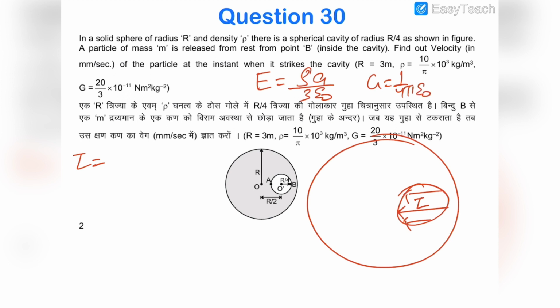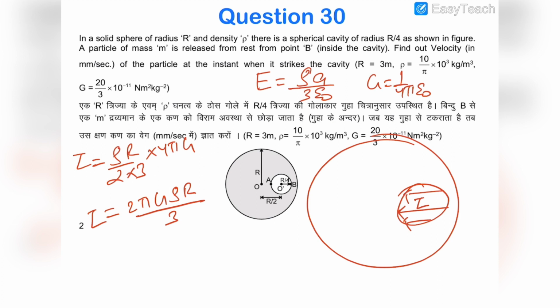So epsilon naught can be replaced by G. The distance between the centers is r by 2, so I would be equal to rho r by 2 into 3 divided by epsilon naught. Epsilon naught is 1 upon 4 pi G, so this is 4 pi G. So I would be equal to 2 pi G rho r by 3.